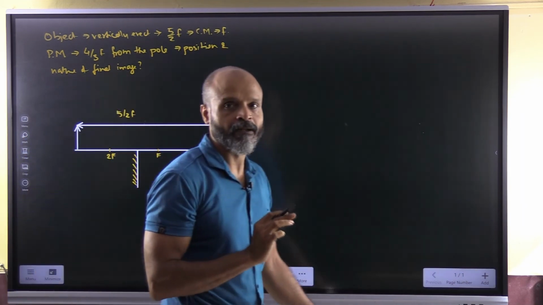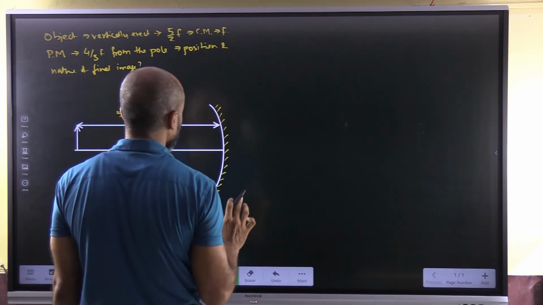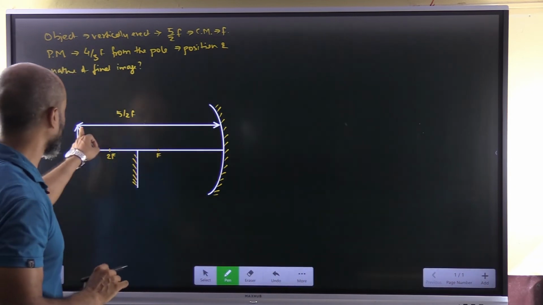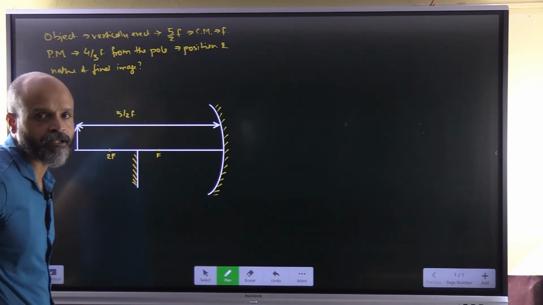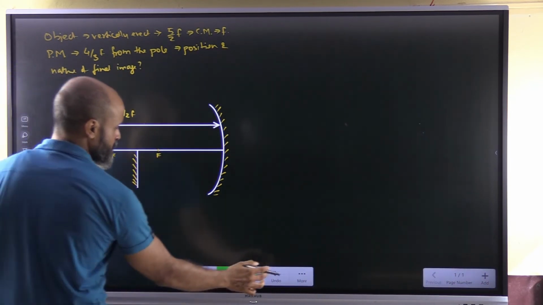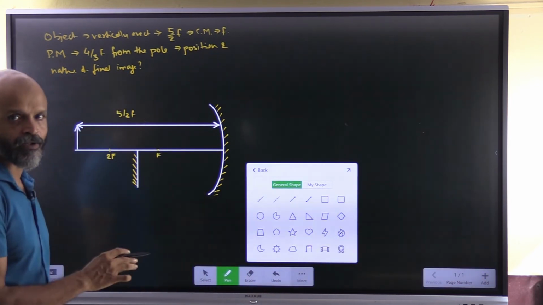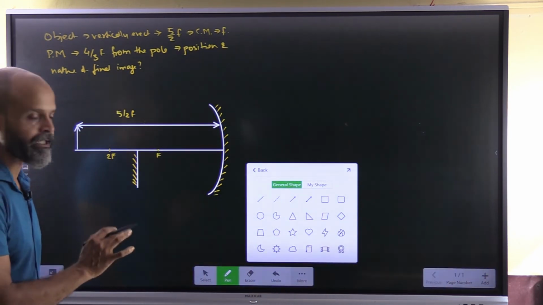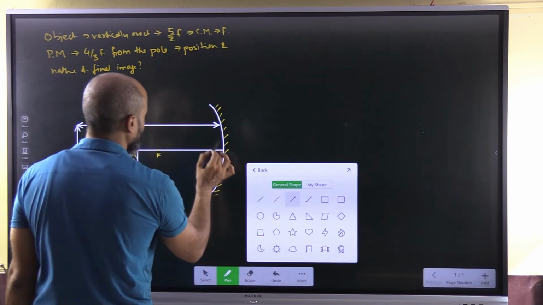Now what is going to happen is we have to resolve one by one. So first we will resolve the image formation that happens due to the concave mirror. See, we can calculate the values even without drawing anything, but just to give a rough idea of how this will work.